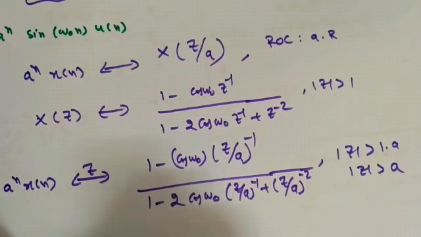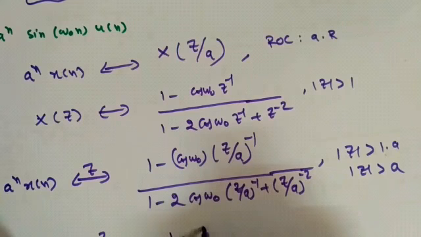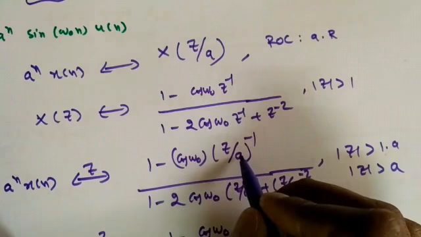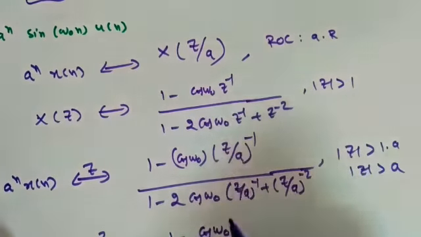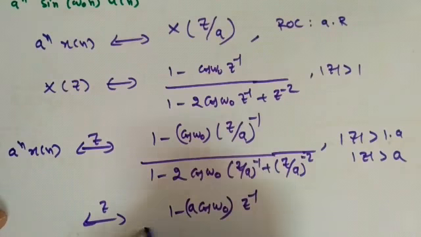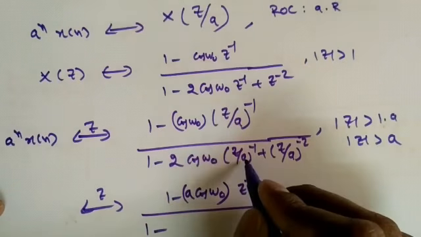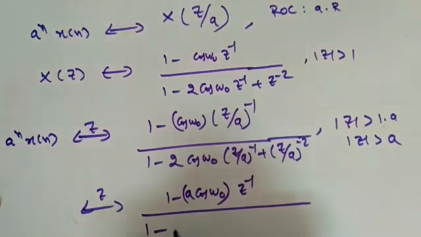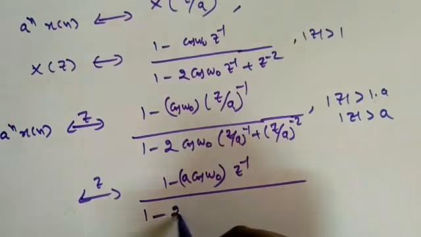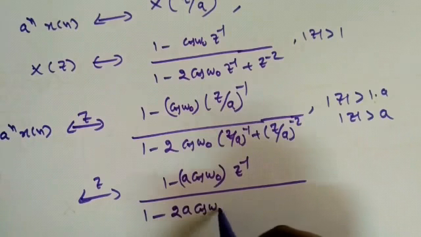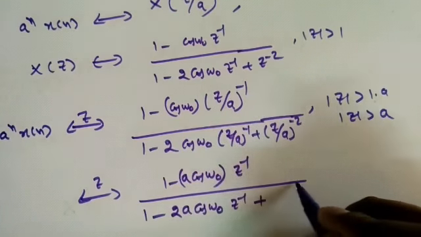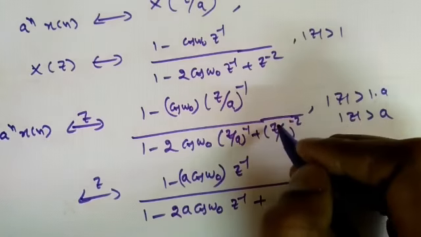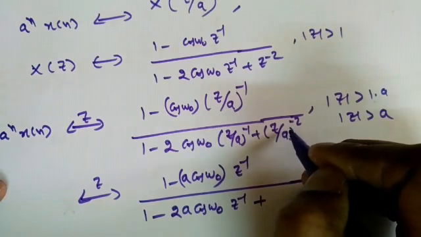Now if I simplify this one, what will we get? 1 minus cos omega naught. See here a: if it is coming in the numerator, it is a inverse. Inverse and inverse, you will get a cos omega naught z inverse. Again, 1 by a inverse, it will become 1 minus 2a cos omega naught z inverse plus, if a is coming in the numerator here, it will become a inverse 2.